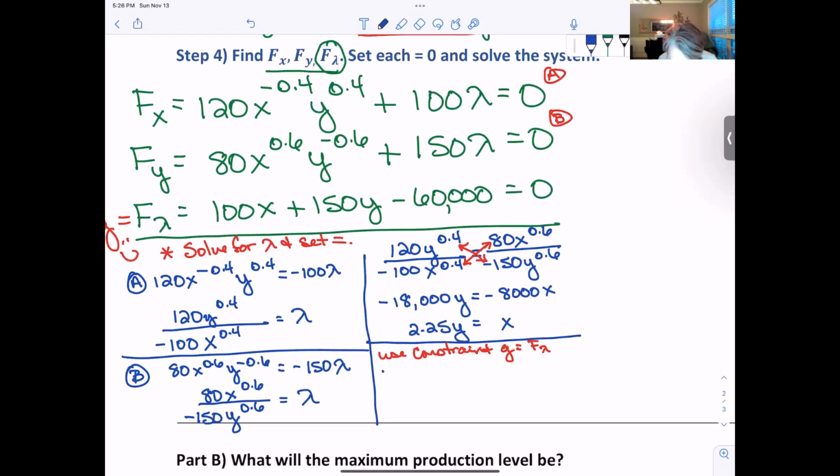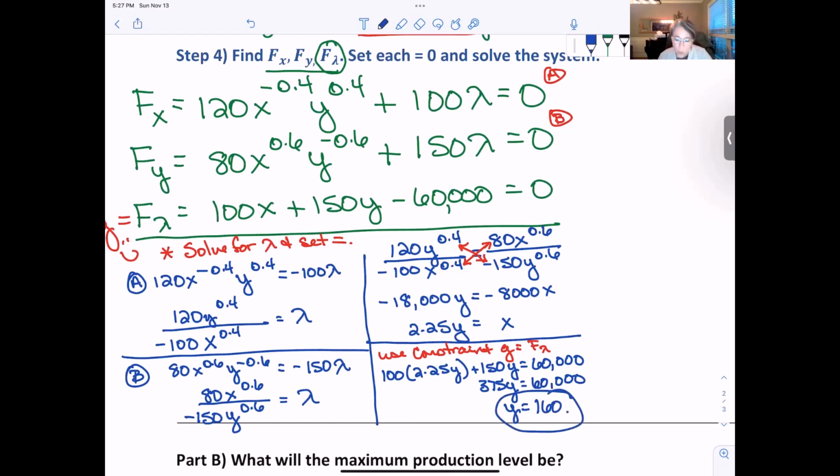So we would have 100 times 2.25y plus 150 times y. We can go ahead and move that 60,000 back to the other side. And that would give us a total of 375y. And when we divide, we end up with y equals 160.